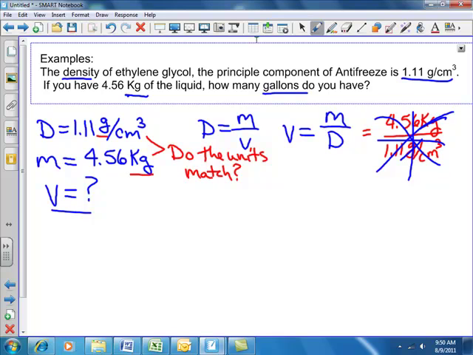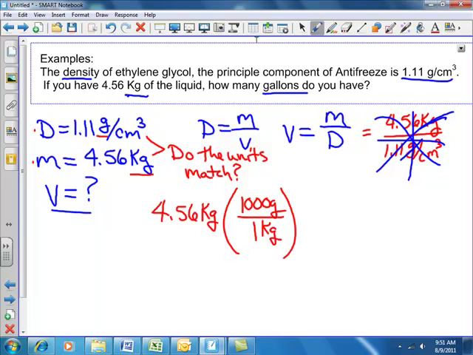In order to make this work, I have to find a unit that matches. So the thing to do is to convert one of the units to a unit that matches. I would take the mass, 4.56 kilograms, and do a quick conversion, where I know that 1,000 grams is 1 kilogram.